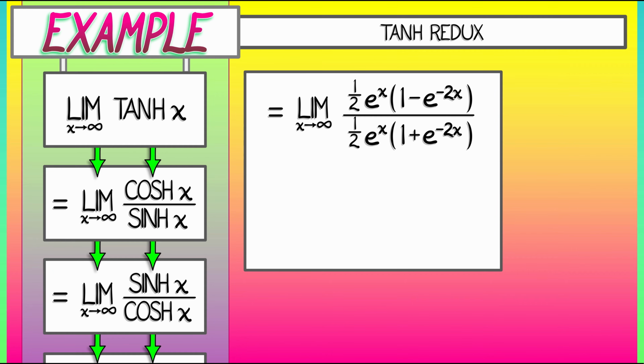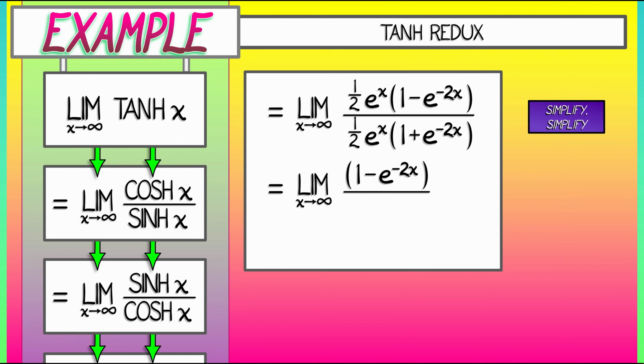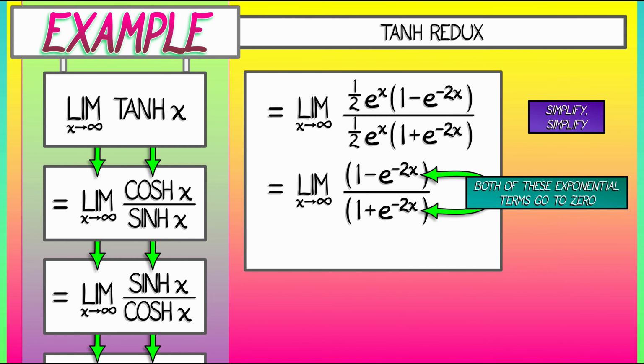And now, canceling out that common factor of 1/2 e to the x, we're left with the limit as x goes to infinity of 1 minus e to the minus 2x divided by 1 plus e to the minus 2x. Now, both of those exponentials with the negative exponent, x is going to infinity, those terms are going to 0.